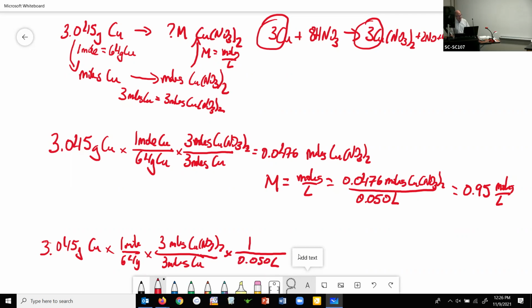So all I do is divide by 0.05 liters at that point. I get the same answer. The benefit here is that it keeps our conversion factor structure going, but it doesn't matter which way you do it. I actually prefer for molarity to write the molarity equation out separately.